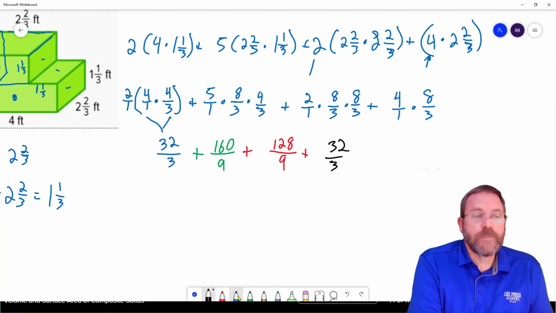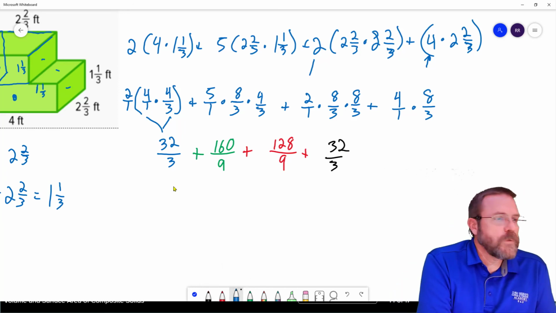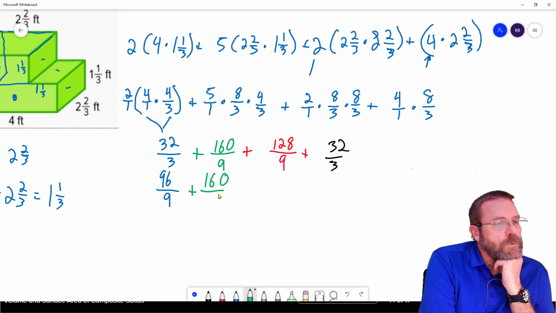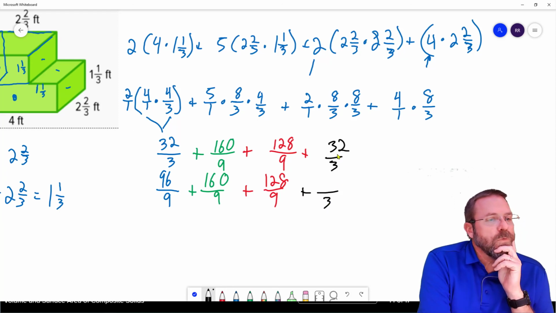Now we're going to find some least common denominators next. The least common denominator is going to be 9, so I have something over 9, and let's see, 3 goes into 9 3 times. 3 times 32 is going to be 96, plus 160 over 9, plus 128 over 9, and then over here I'm going to have to do some math as well, and 3 times 32, that's going to be 96 again.